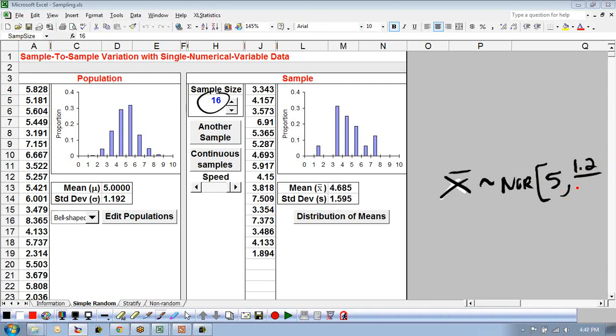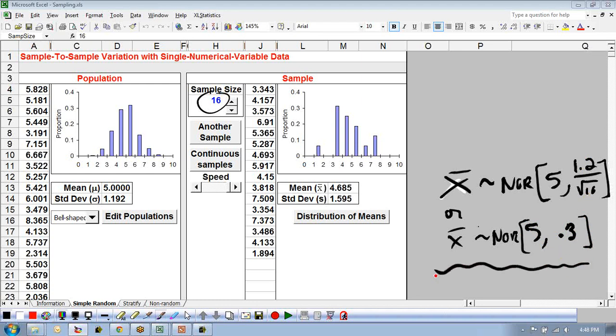The square root of 16 is just 4. I'll be rigorous here. In other words, x bar is normal with mean 5 and standard deviation 0.3. That's 1.2 divided by 4, which gives me 0.3.